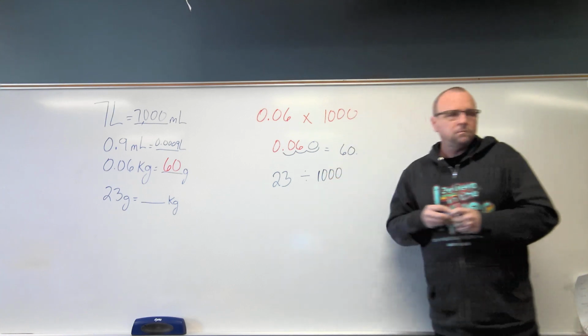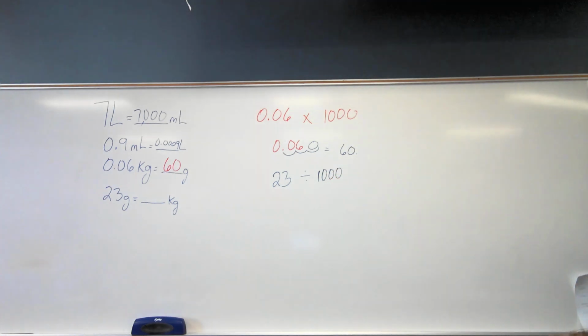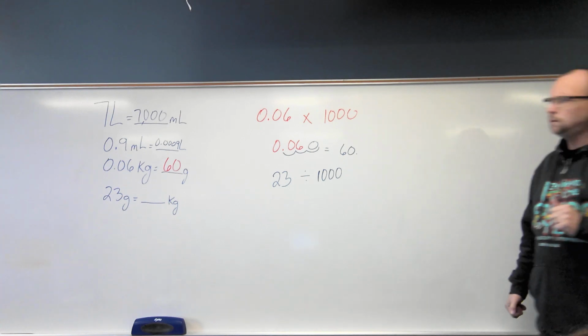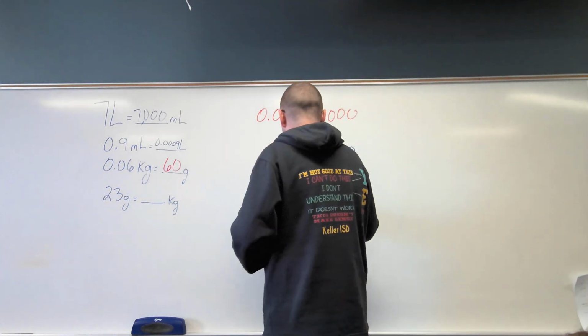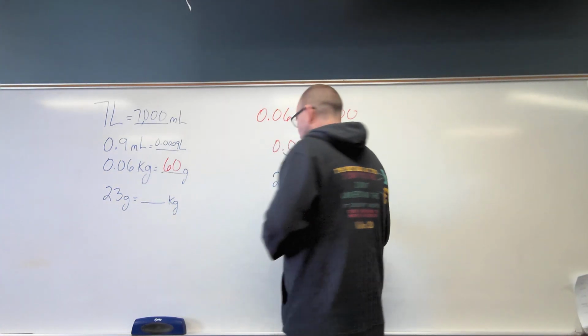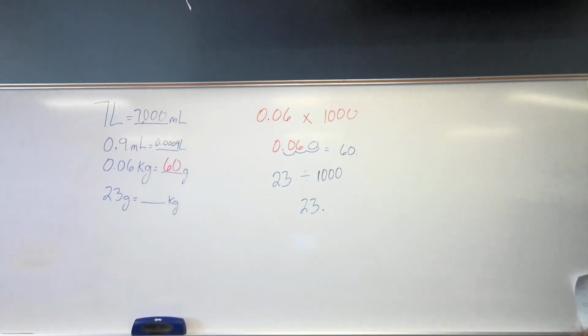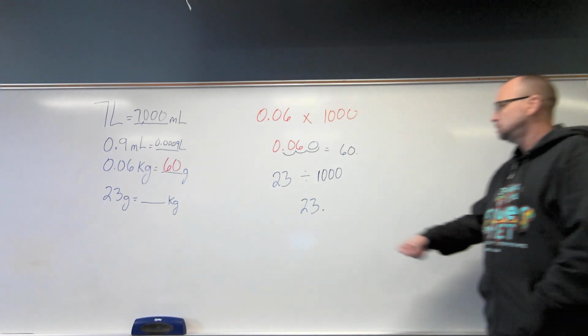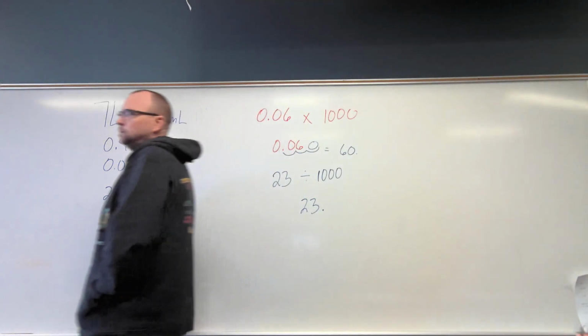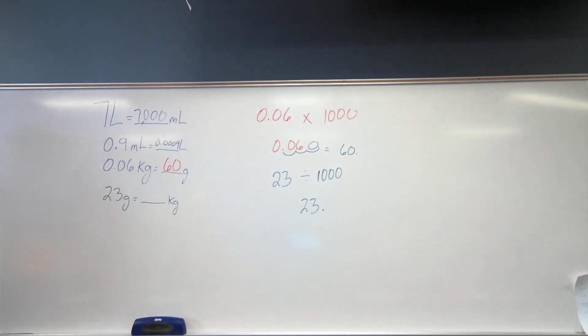But Mr. McMurdo, the number 23 doesn't have a decimal point. Yes, it does. Knuckleheads, I told you that at the beginning of the year. It's after the ones place. When we're talking about non-fractions, we always have a decimal point after the ones place.